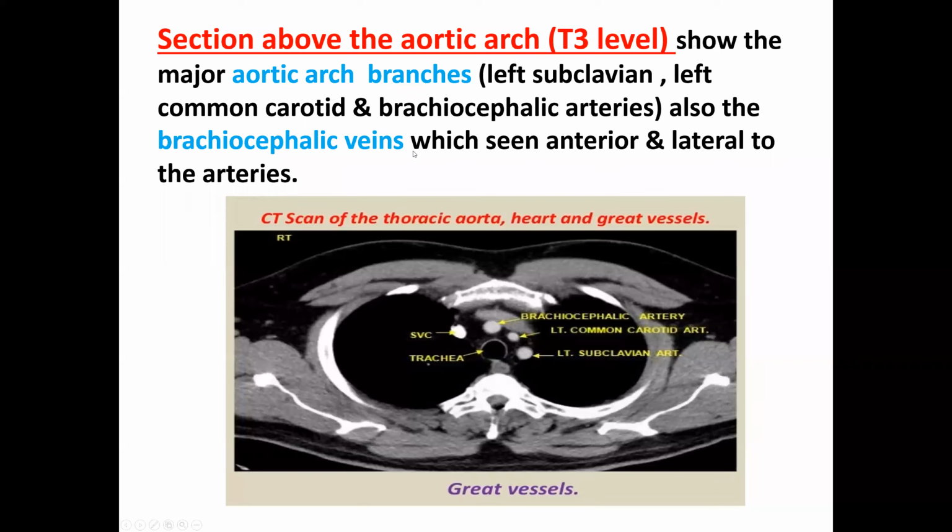Also the brachiocephalic veins, which are seen anterior and lateral to the arteries. These are the branches of the aortic arch: brachiocephalic artery, left common carotid artery, left subclavian artery. The superior vena cava is on the right side, and this is the left brachiocephalic vein passing from left to right. The trachea and esophagus.